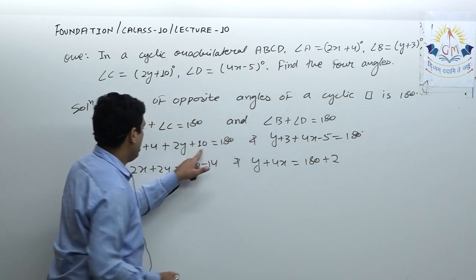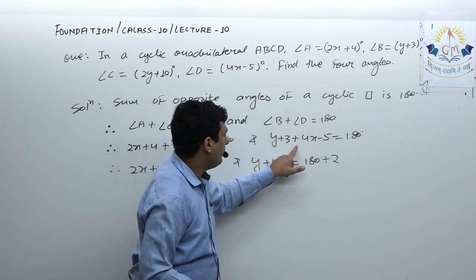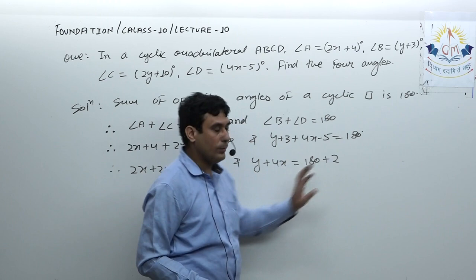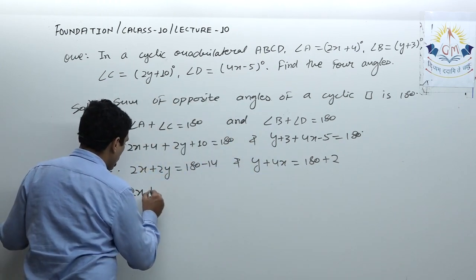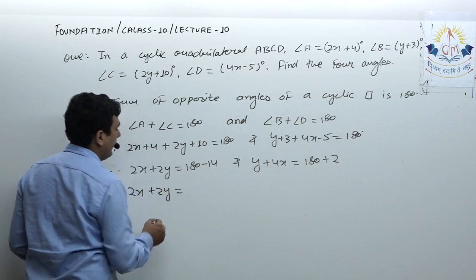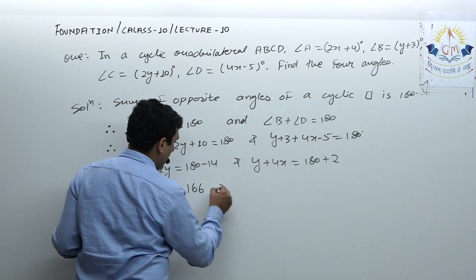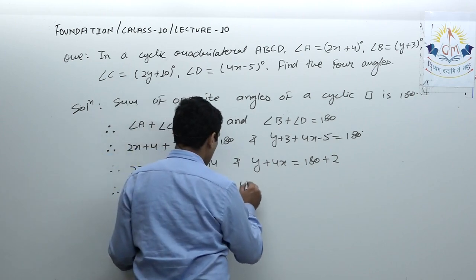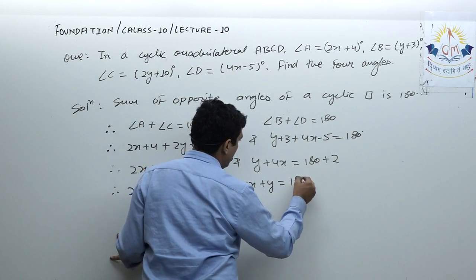Okay, 4 plus 10 is 14, I took it over here, so it is minus 14, 3 minus 5 is minus 2, I took it over here, so plus 2. So ultimately my final equations are 2x plus 2y is equal to 166 and 4x plus y is equal to 182.